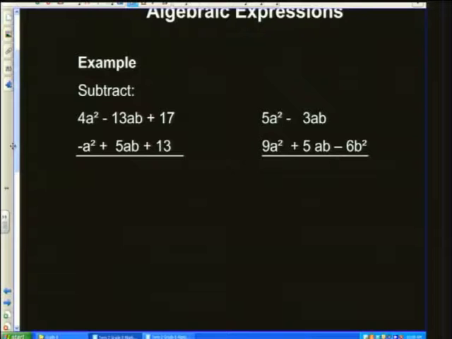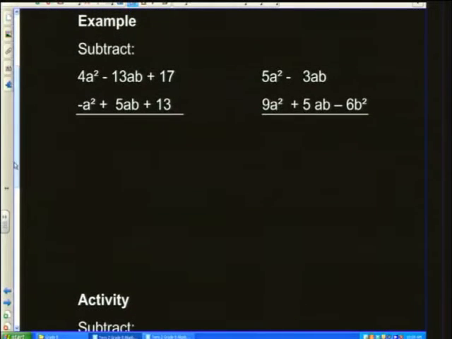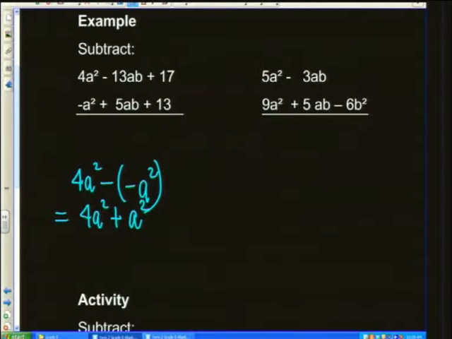What it actually means is the following: I have 4a squared minus negative a squared. And I can bring in my multiplication: 4a squared, a negative times a negative is a positive a squared, and that will give me an answer of 5a squared.